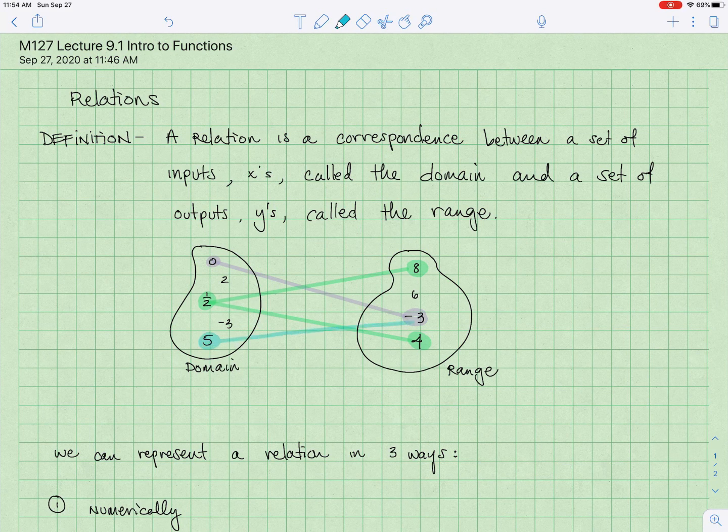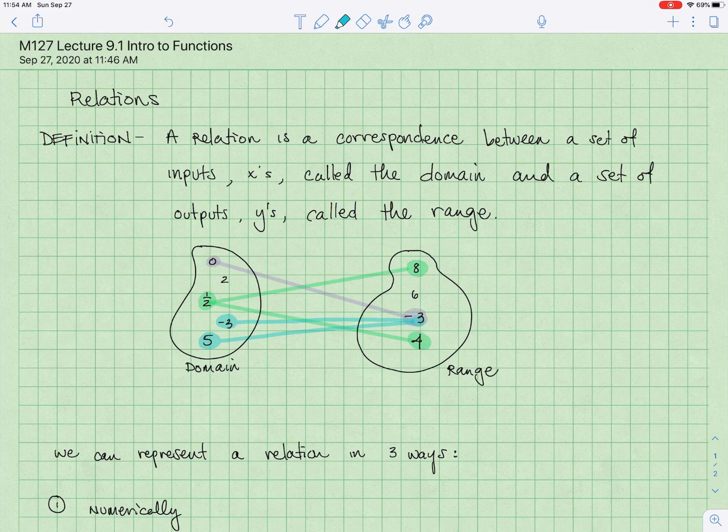And we could also have -3 matched up with -3. This relationship is just a rule for matching up numerical values on the left with numerical values on the right. That can be a very straightforward rule, or a very complicated rule. And this is just one possible relation between these values.